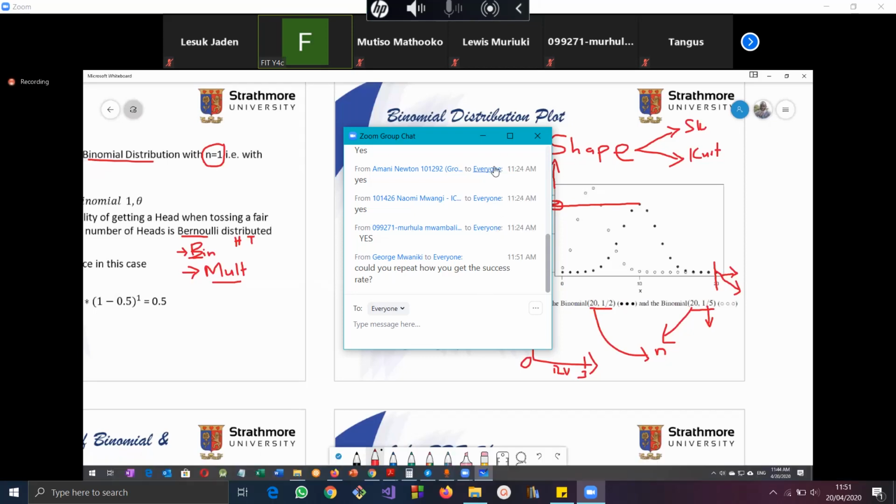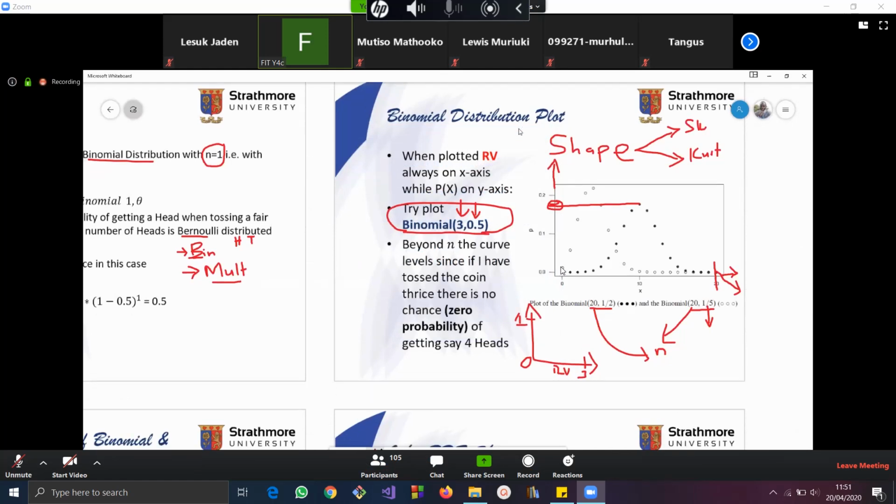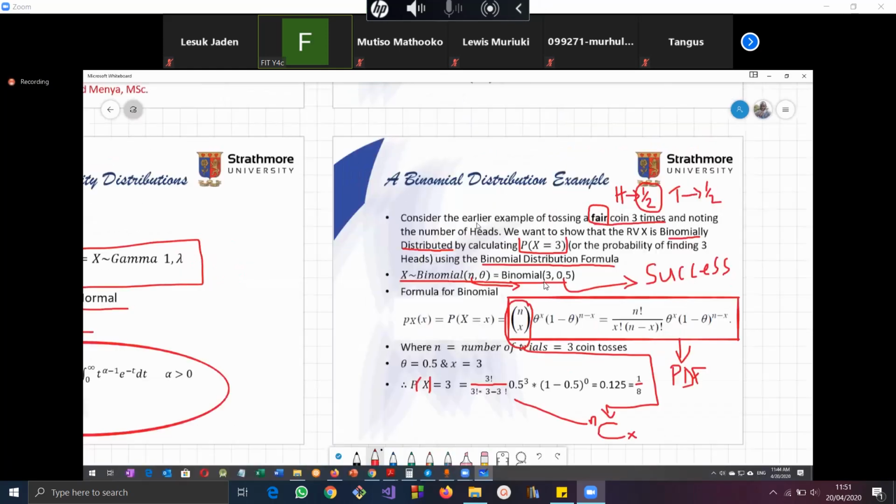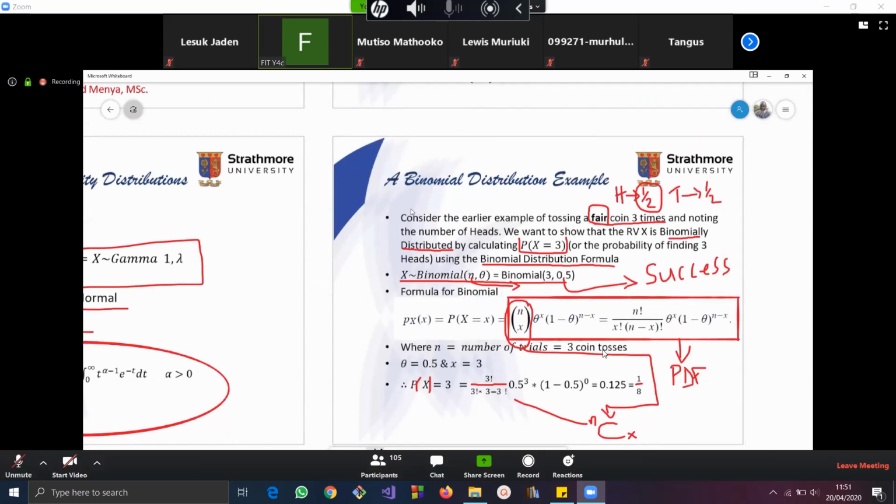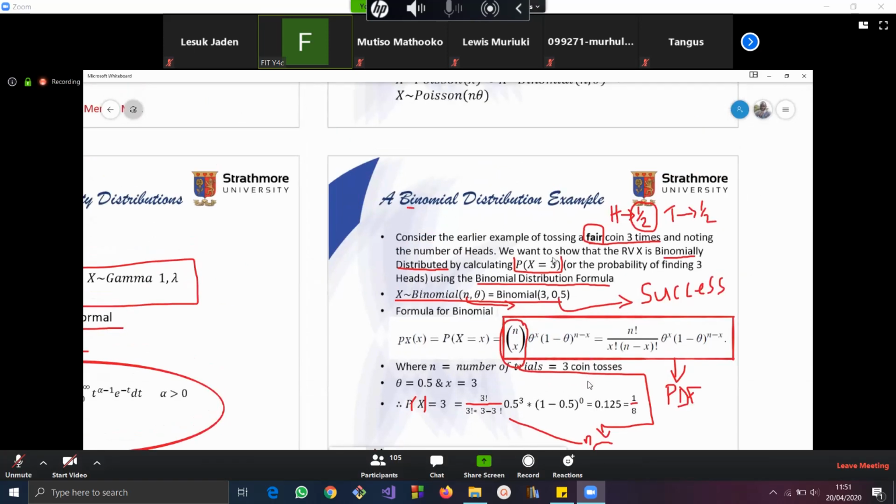Now, the success probability is normally given, but in this case, because it's binomial and I am tossing a fair coin, the word fair is now underlined.